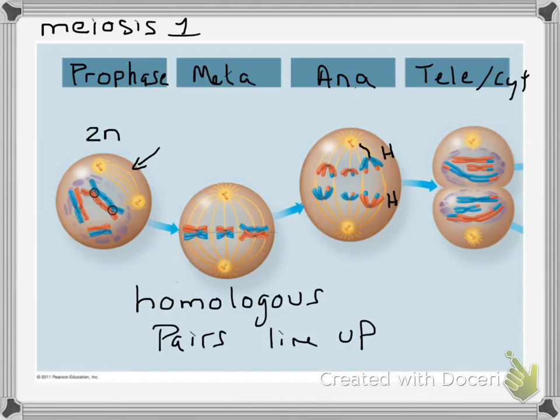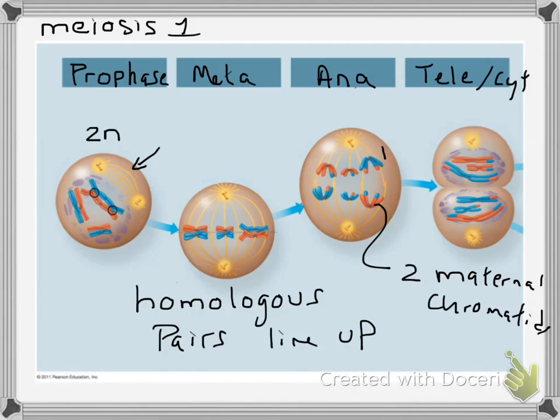You will notice that each chromosome consists of two chromatids. This one, for example, has two maternal chromatids, because it's the maternal chromosome. This one is still two chromatids. Everybody good with that?